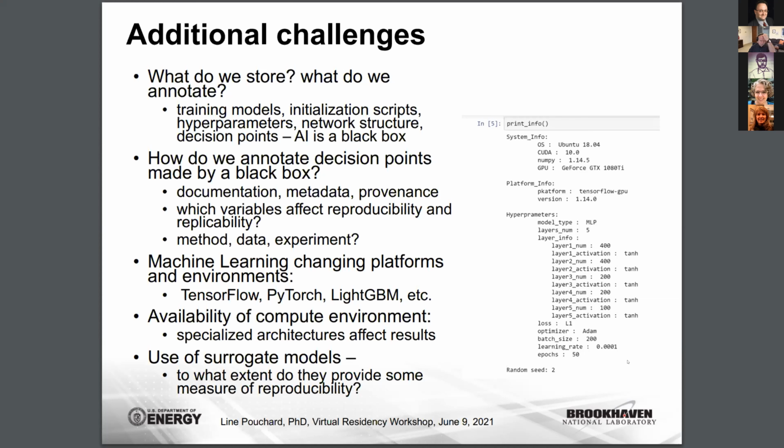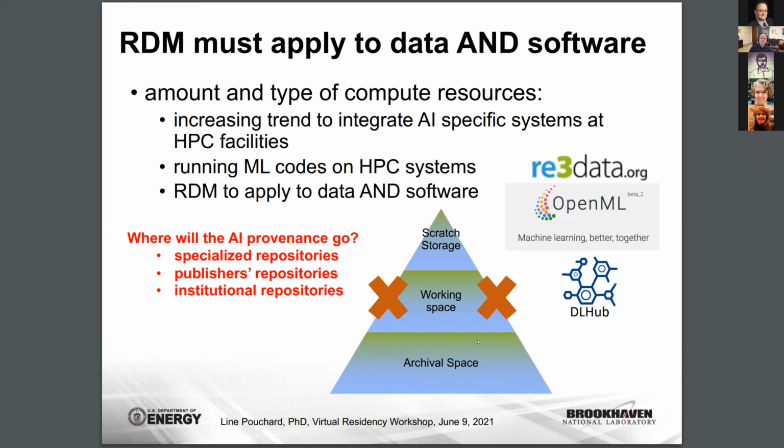So there are efforts, but these are efforts on the part of the researchers and the scientists and the conferences. But there are also challenges for the institutions that are going to have to host this data. Next slide, please.